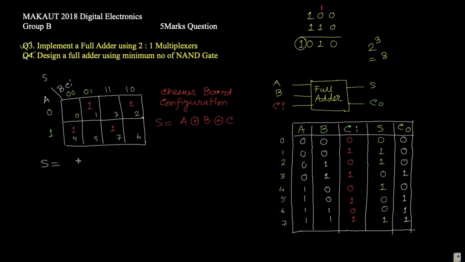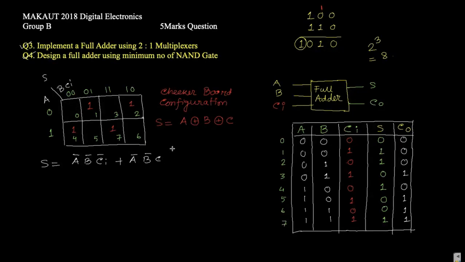So A, B, Ci, everything has the bar because all are 0, plus A bar, B bar, Ci.